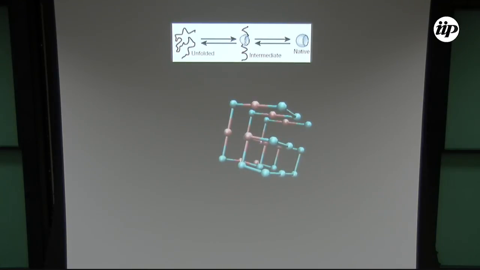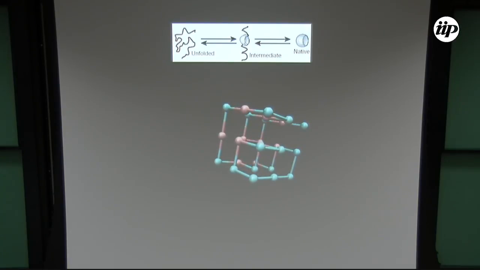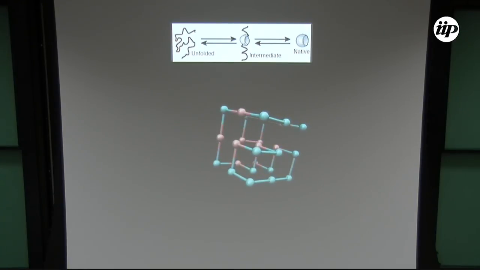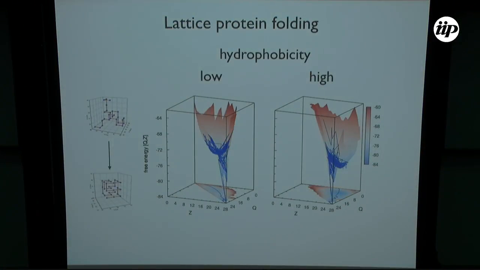It folds and unfolds, we can get the mechanism, and we can pretty much run it in a notebook. So we can test the theory before moving on. What we are doing first is calculating the thermodynamics for different hydrophobicity cases. Here is low hydrophobicity and high hydrophobicity.